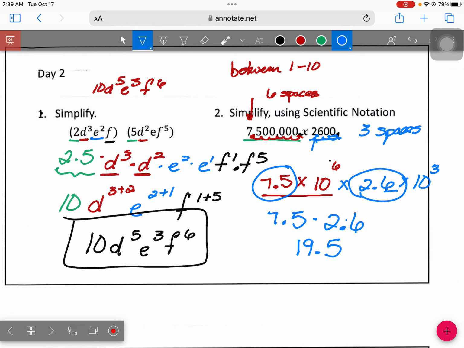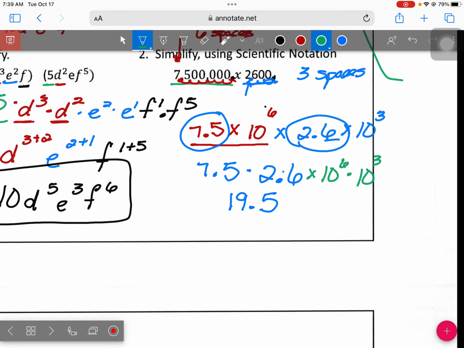Now, look, I also have times this 10 to the 6th power and times 10 to the 3rd power. Well, that's just kind of like multiplying our powers that have the same base, right? So this is going to be times 10 to the 6 plus 3. I'm just going to write it out, but you wouldn't have to. So this is 19.5 times 10 to the 9th power.